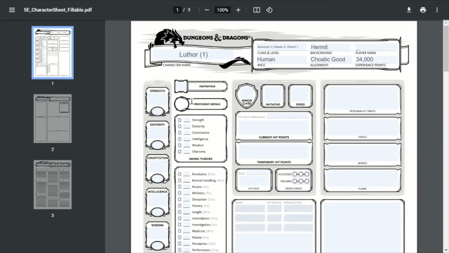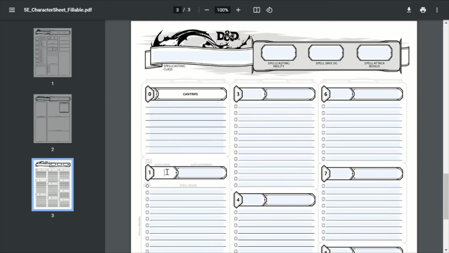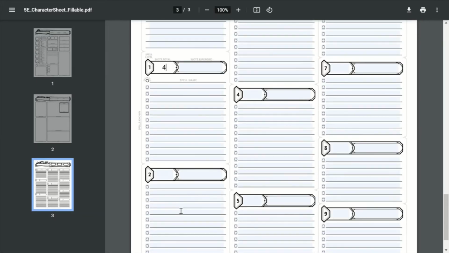With the paladin, I gave him the spells. Actually, let's go to the spell sheet. I'm just going to add a couple of these. The spells that I did were Divine Favor and Thunderous Smite.